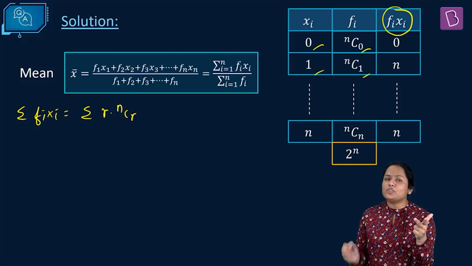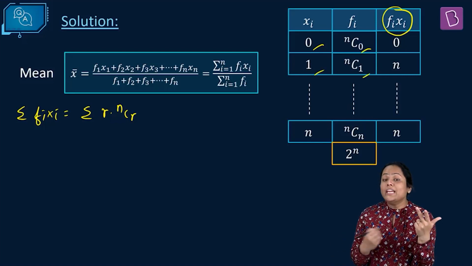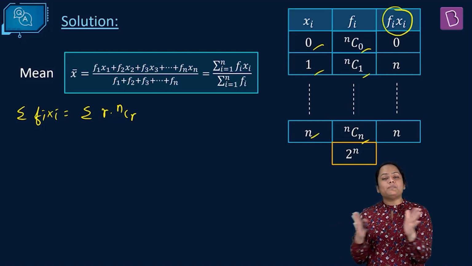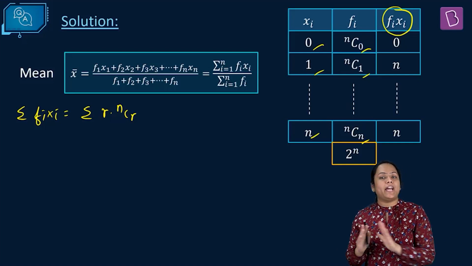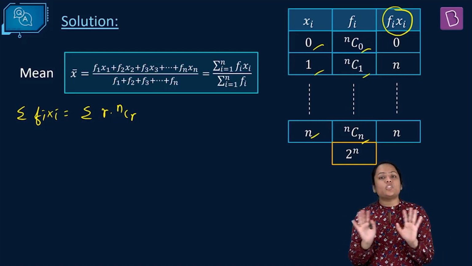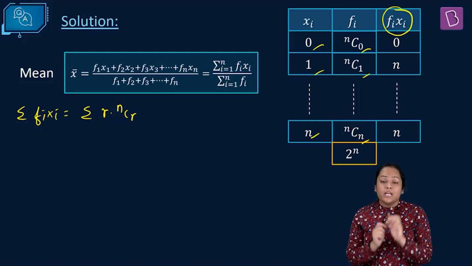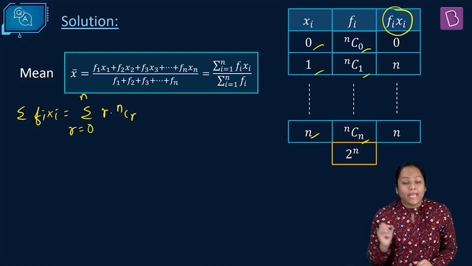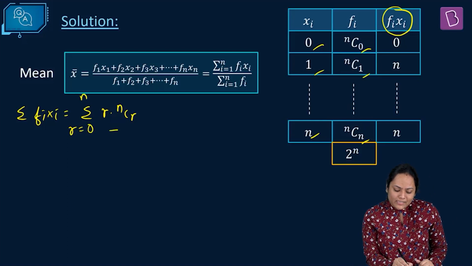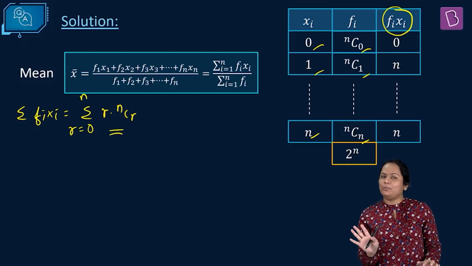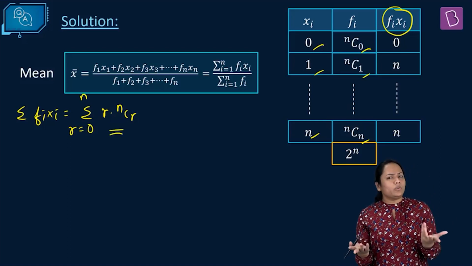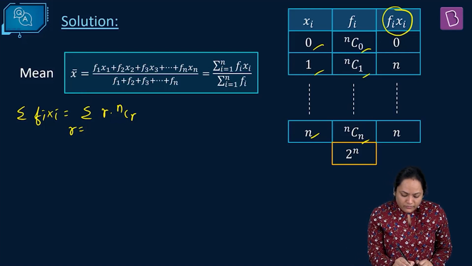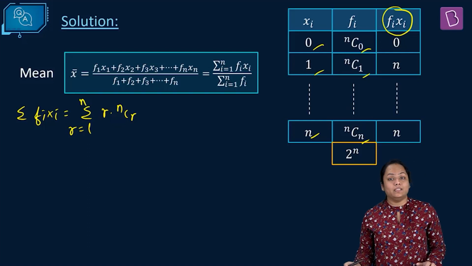If my r is 2, fi is nC2. If my r is n, fi is nCn. So that means it's multiplication of r multiplied by nCr. Is the general term clear? Okay. Continuing further, the value will go from 0 to n. Now, when I put r as 0, r into nCr will be 0, right? So there's no need to write that term. So I can quickly say that summation now can be written from 1 to n. Is this much clear?